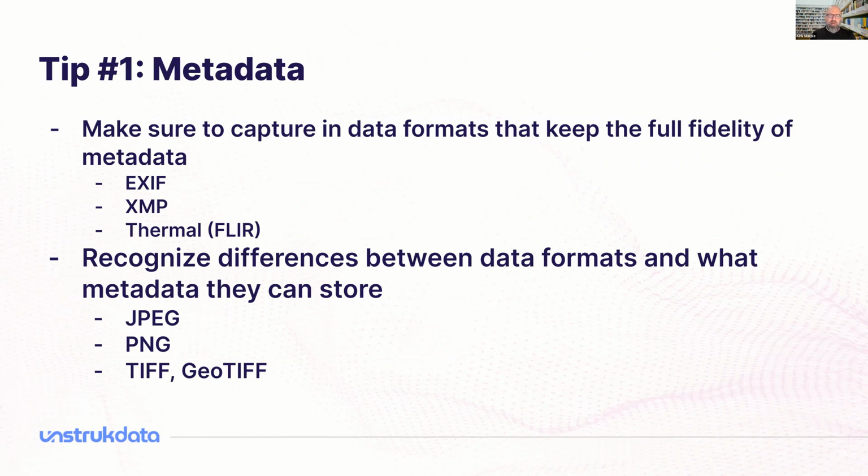Drone vendors, even mobile phone vendors, store metadata inside the images and video, say in EXIF or XMP format. But you have to recognize the differences between the data formats, and some file formats don't support the same metadata as other formats. So if we naively export data into a different format, we could lose that metadata from capture time.